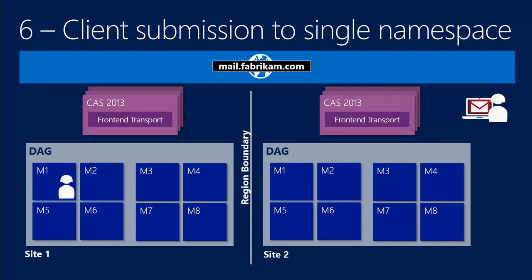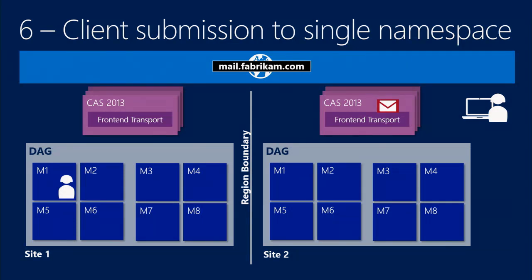Mary's going to pop open her IMAP client. It's going to do a DNS lookup for mail.fabricam.com and get back a CAS within Site 2. She's going to authenticate against that CAS in Site 2 and submit her message. Upon her authenticating, the front-end transport service does a lookup of where Mary's mailbox is.